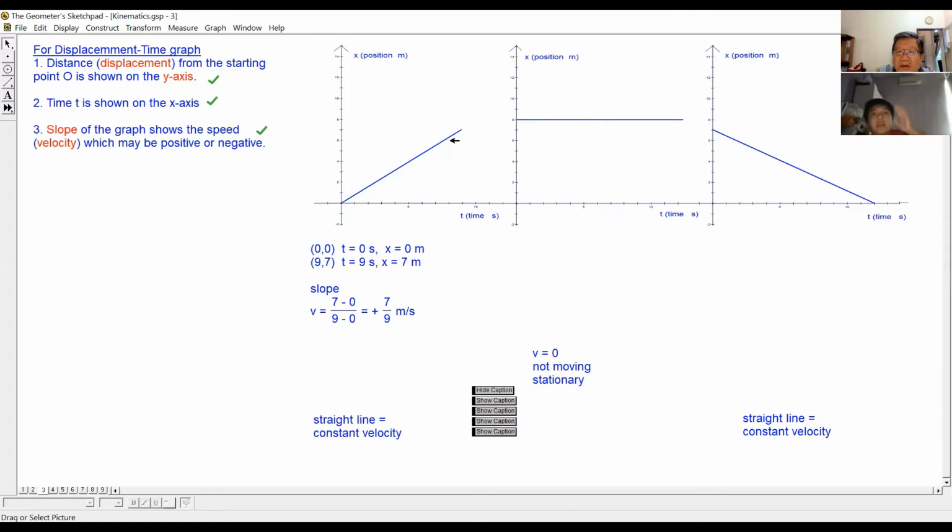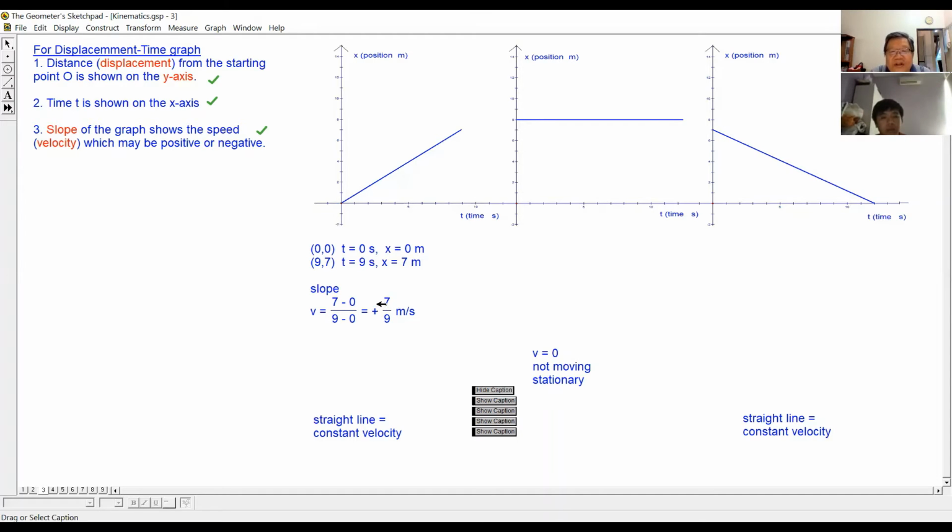But the velocity will be the same, because the slope along this line is always the same, unless it is a curve. If it is a curve, then it will be changing all the time. So this one, the straight line, shows that the velocity is constant.